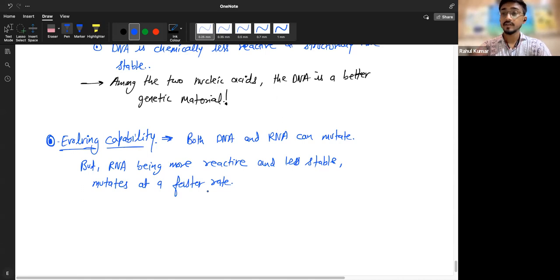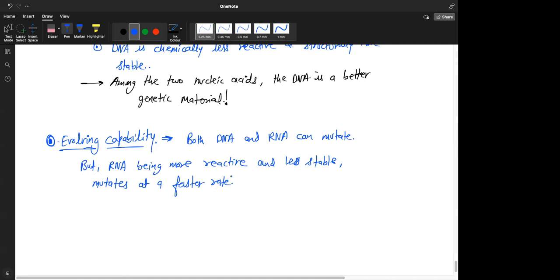That is why it is difficult to treat the infections which are caused by RNA viruses. Now you understand the reason behind this? Because by the time we try to track it down, we try to kill those viruses, they mutate and change into something else, like some other genotype. Making sense, everyone?